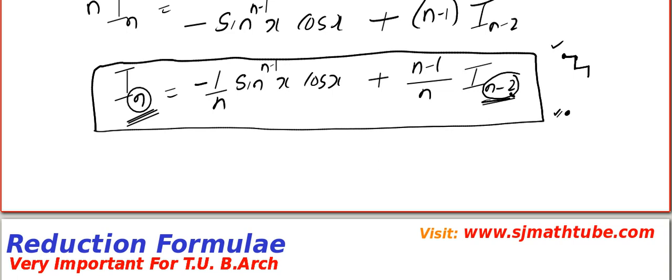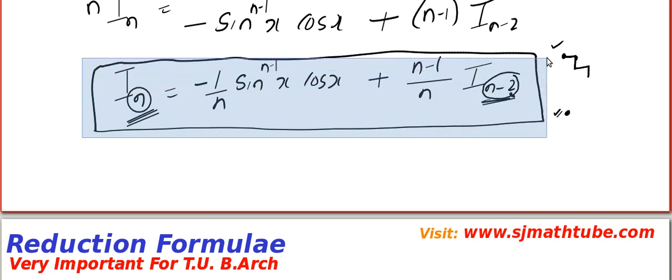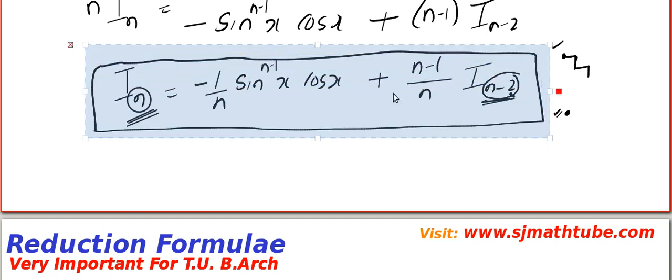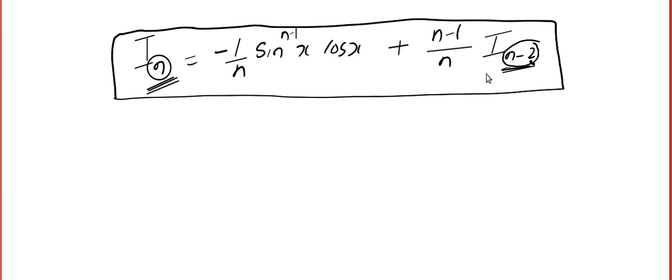But to be honest, your answer is not complete and you may lose marks. If you want the answer to be perfect, you should write something called the ultimate integral. So, ultimate integral means where will we reach ultimately? Look at this. This shows you we are jumping 2 steps at a time.